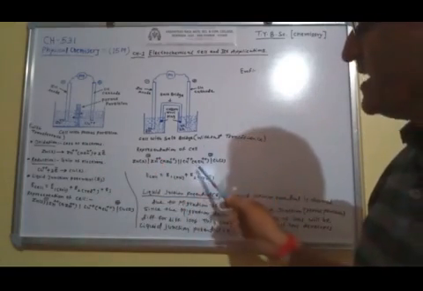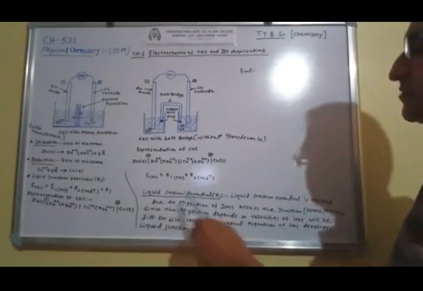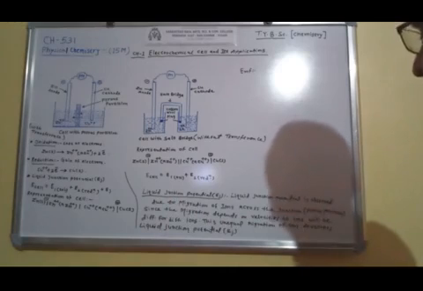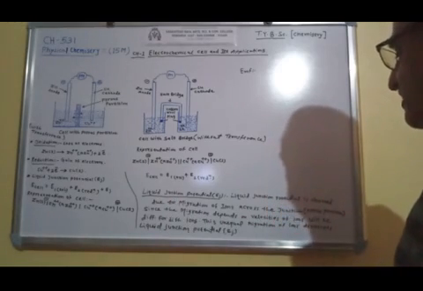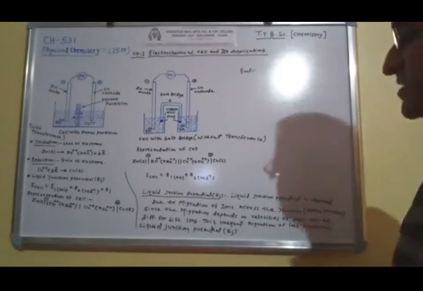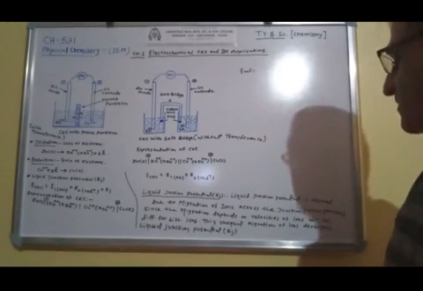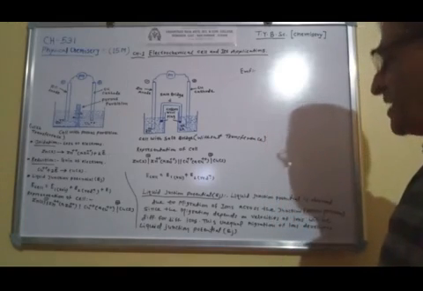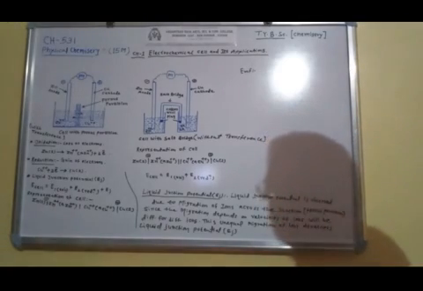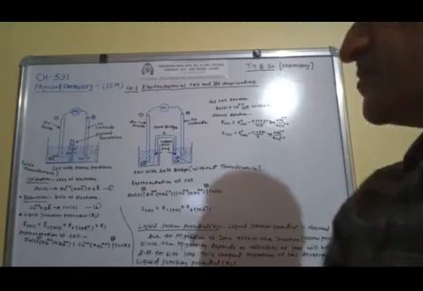Now we must know what liquid junction potential is. It is observed due to the migration of ions across the junction of the porous partition. Different ions have different velocities. This unequal migration of ions develops the liquid junction potential, which is shown by Ej.